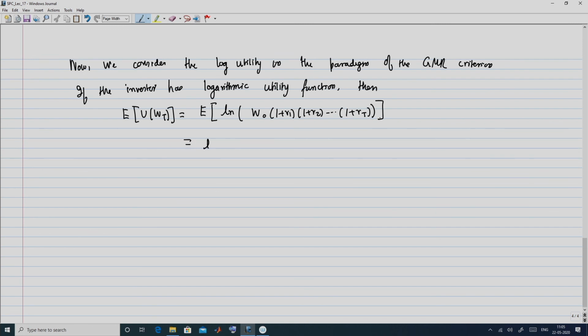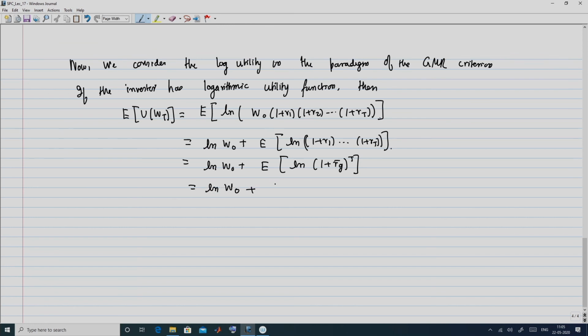And this can be written as natural log of W naught plus expected value of natural log of 1 plus R 1 all the way to 1 plus R t, and this is natural log of W naught plus expected value of natural log of 1 plus R g bar raised to t. This finally reduces to natural log of W naught into expected value of natural log of 1 plus R g bar with this capital T outside.